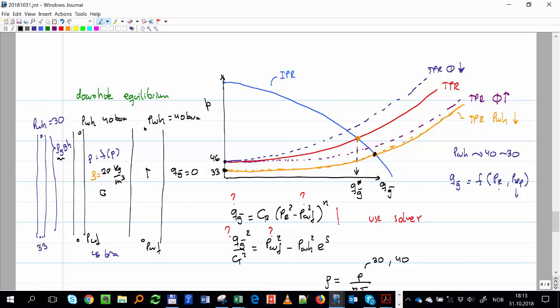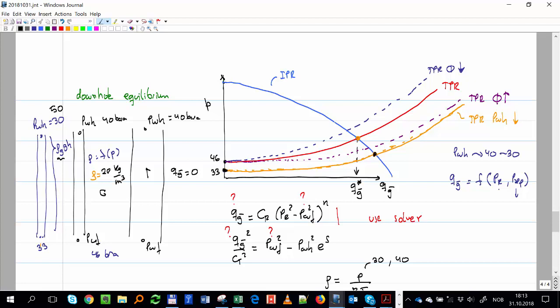Now the next question, which is also a tough one: what happens if I increase wellhead pressure, or increase separator pressure? The density will increase. Let's say now I have 50 instead of 30. The Q will be reduced, because I'm flowing against the higher pressure.